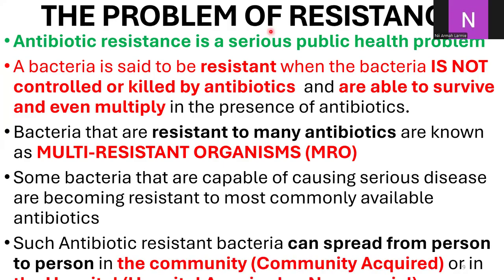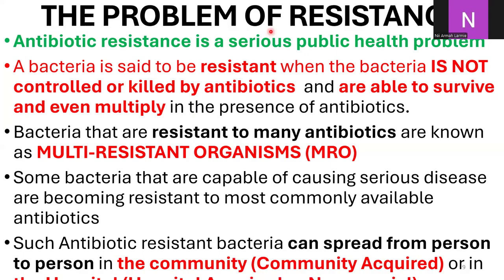Now, if a bacteria that can cause serious disease becomes resistant to the normally used antibiotic against it, then we have a serious pandemic or problem at our hands. Interestingly, that resistant bacteria can be spread from person to person without the persons necessarily being the first to develop the resistance.